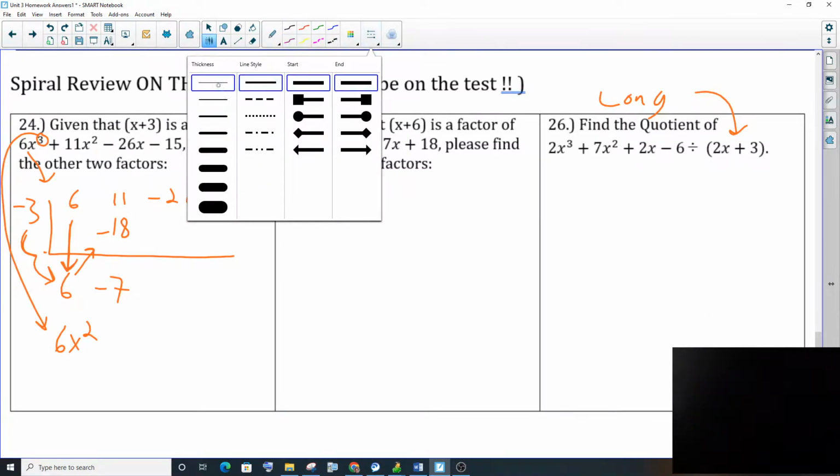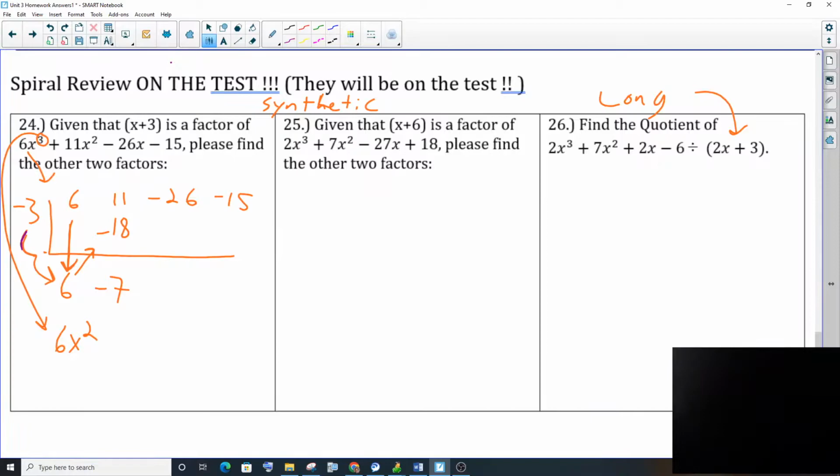So then we do negative 3 times negative 7. We get a positive 21. And then 21 and negative 26 is going to be a negative 5. And then negative 3 times negative 5 is going to be a positive 15, which is what we wanted, to get a remainder of 0.